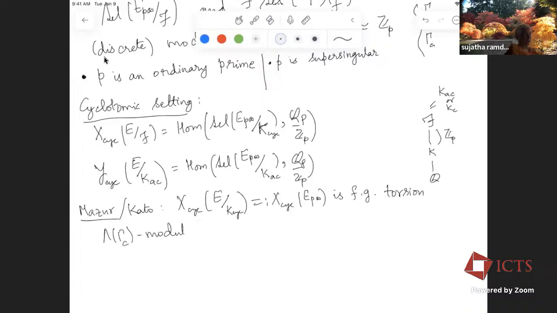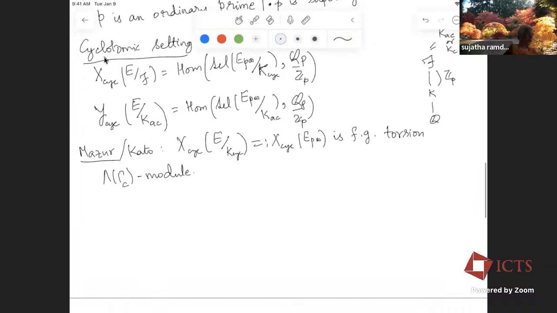We know this. And in fact, this torsionness is also very easily deducible by just analyzing the definition of the Selmer group. This is due to Hachimori and Matsuno, but in fact Greenberg and various others knew it before, and this is generalizable to a large extent to other bigger extensions as well. So we know that this is a finitely generated torsion Lambda Gamma module. This is equivalent to this sequence here.